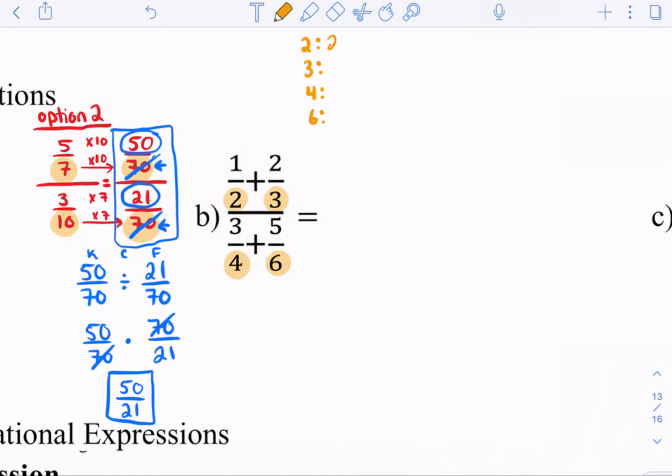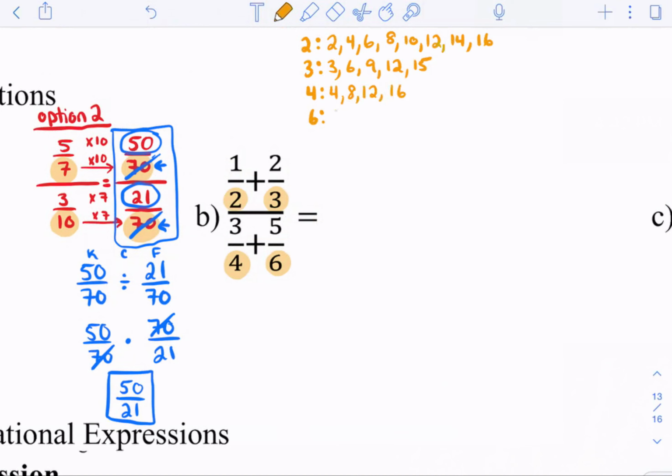So if I count, it's 2, 4, 6, 8, 10, 12, 14, 16. That's counting by 2s. If I count by 3s, it's 3, 6, 9, 12, 15. If I count by 4s, it's 4, 8, 12, 16.